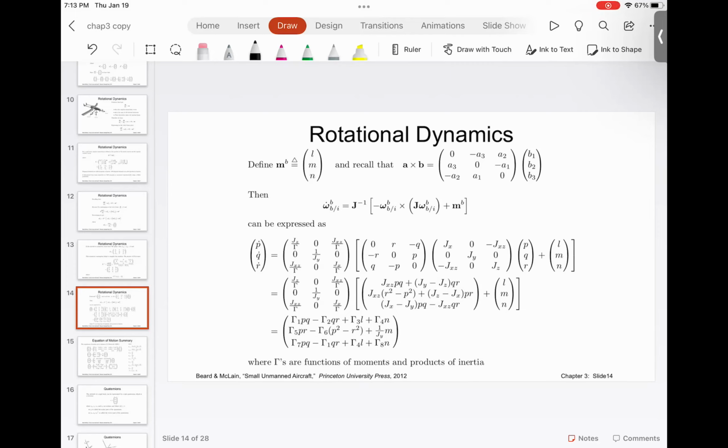But the most important equation that I want you to remember is omega b cross b i. Because the frame is rotating, you have this omega cross unit vector in the equations.